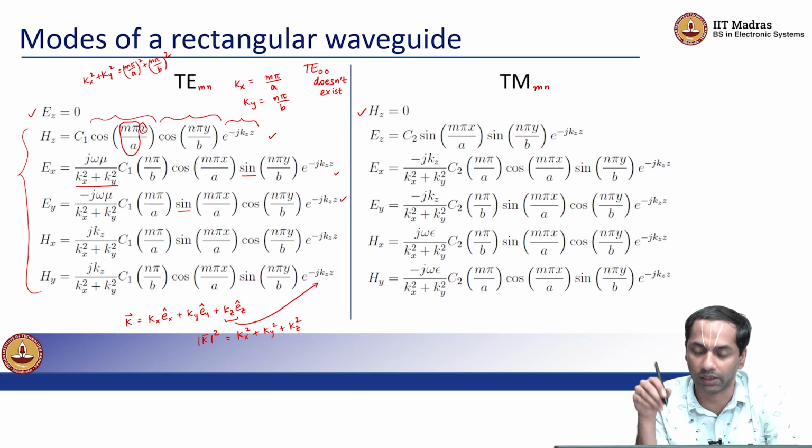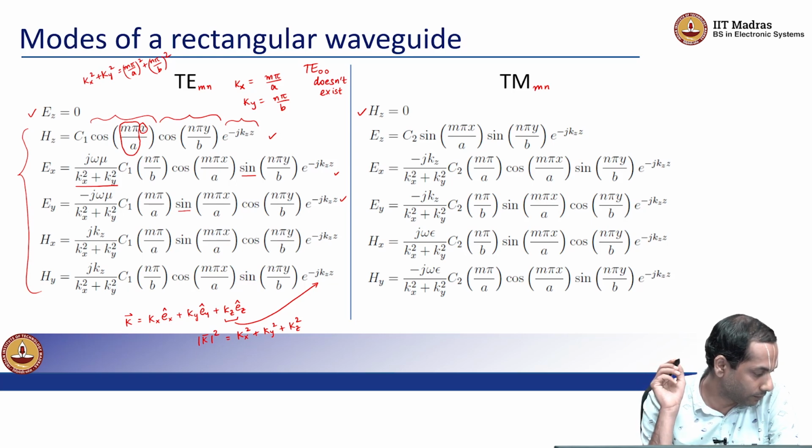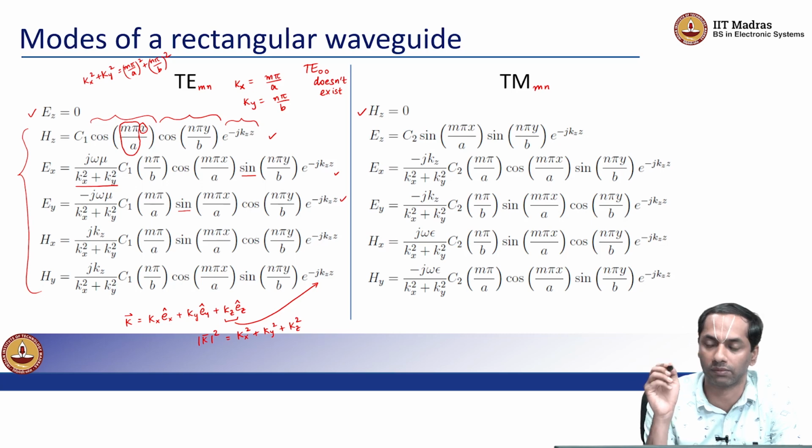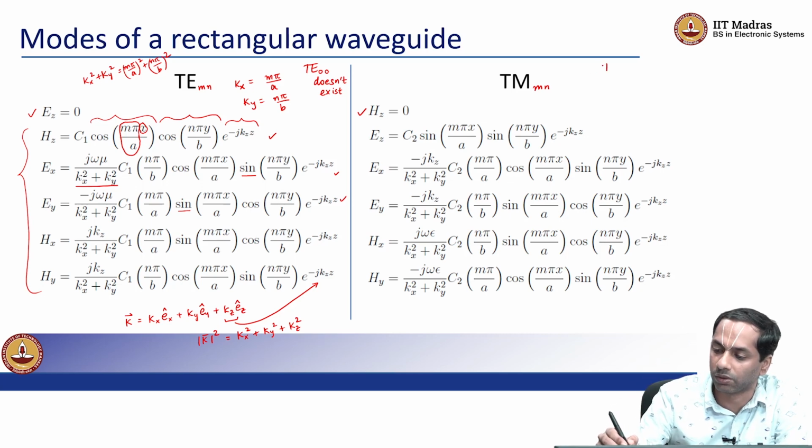We look to see a very similar form. The kx and ky values are the same as we saw in the TE case. So in this case, it's quite easy to see that if I put both m and n to be 0, here also I will not get a valid vector field for the electromagnetic wave. So TM00 also doesn't exist.